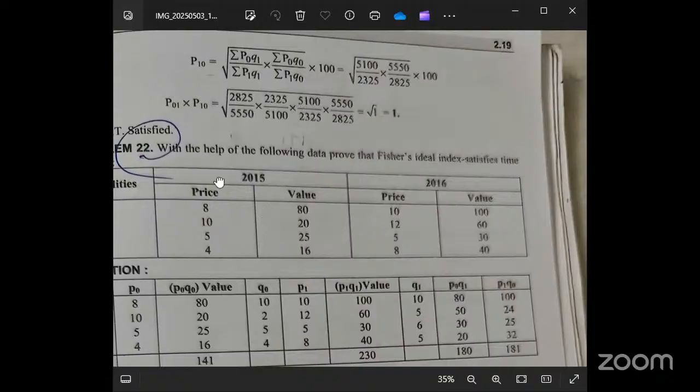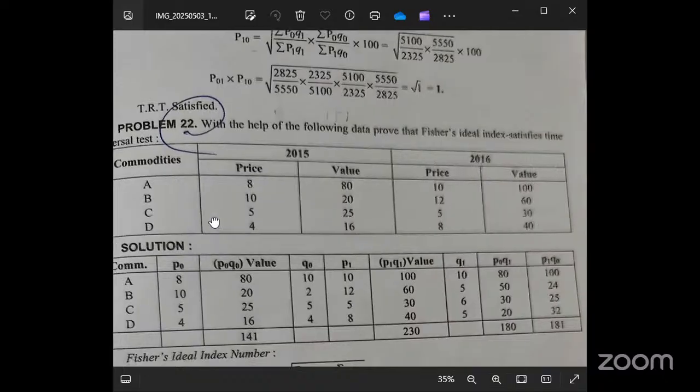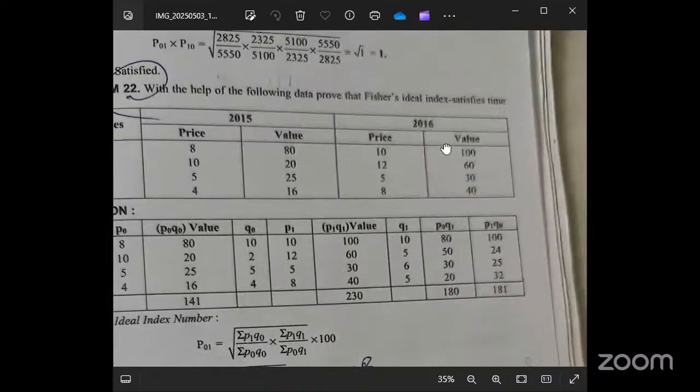So see the next problem also. With the help of the following data, prove that the ideal Fisher index number satisfies the time reversal test.